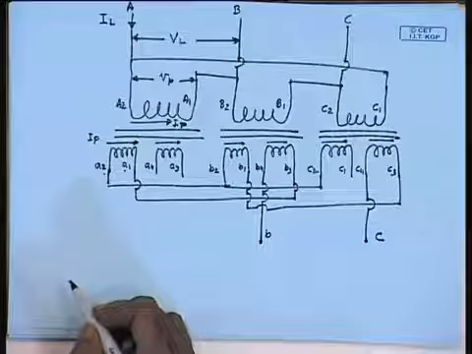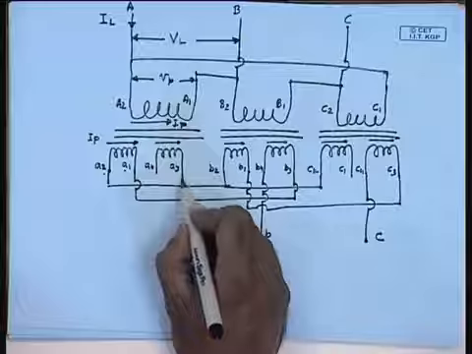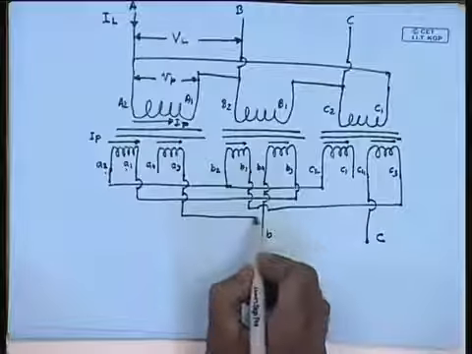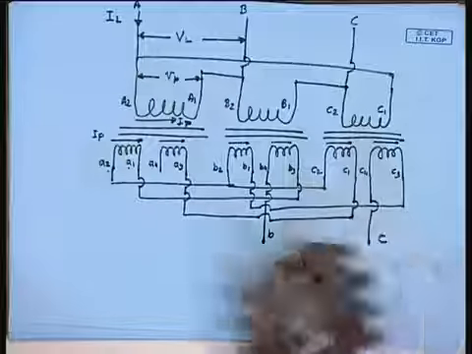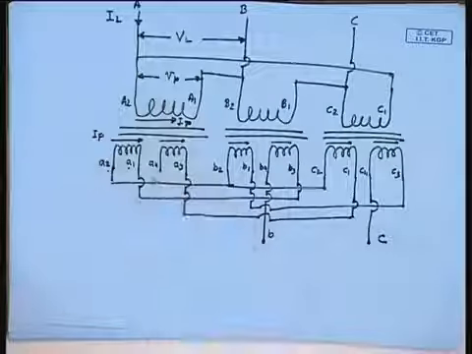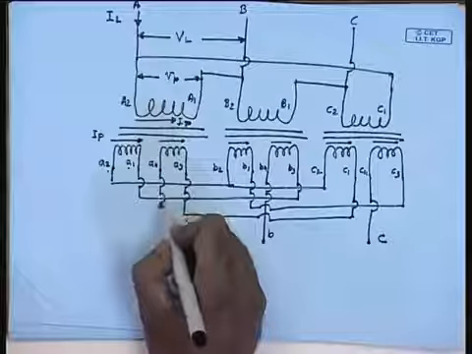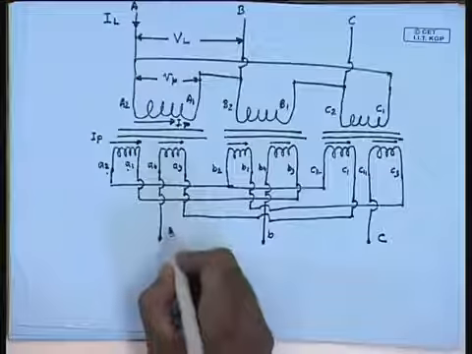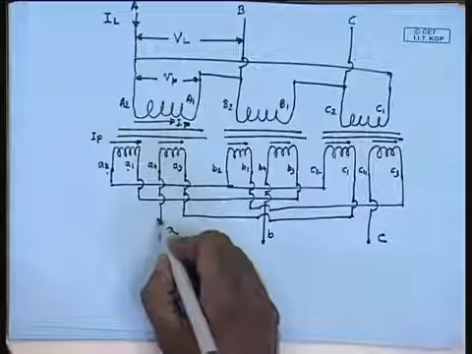Terminal C1 is connected to A3. And the A phase connection comes out from A4. So, these are the line currents IL.